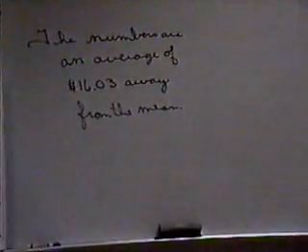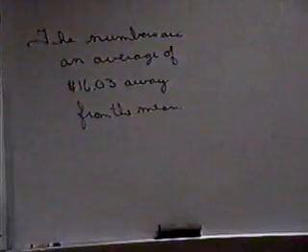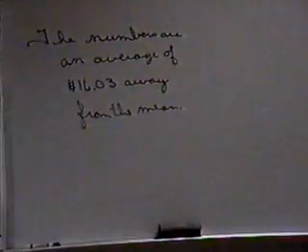Because that's what the standard deviation is telling us. It is telling us how far the numbers are away from the mean. So here the numbers are an average of $16.03 away from the mean.